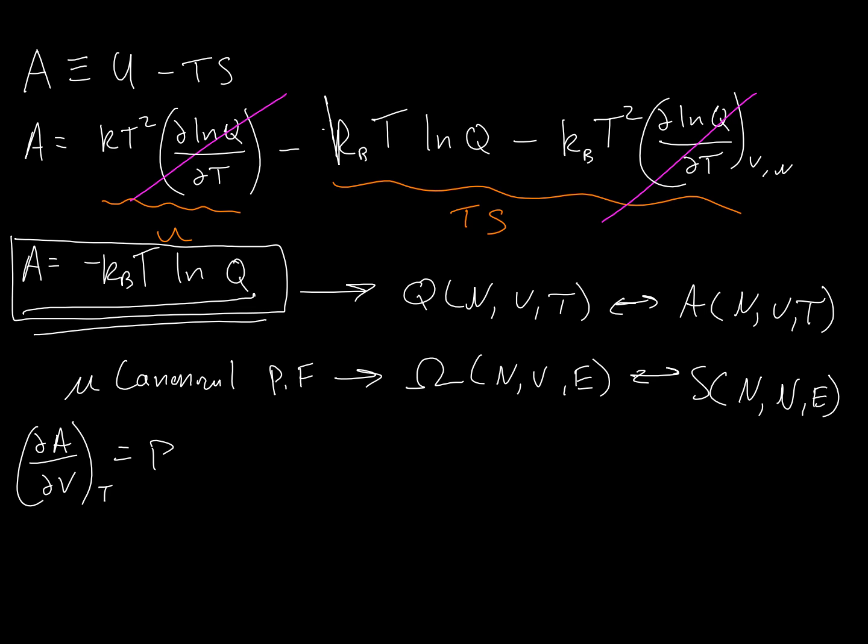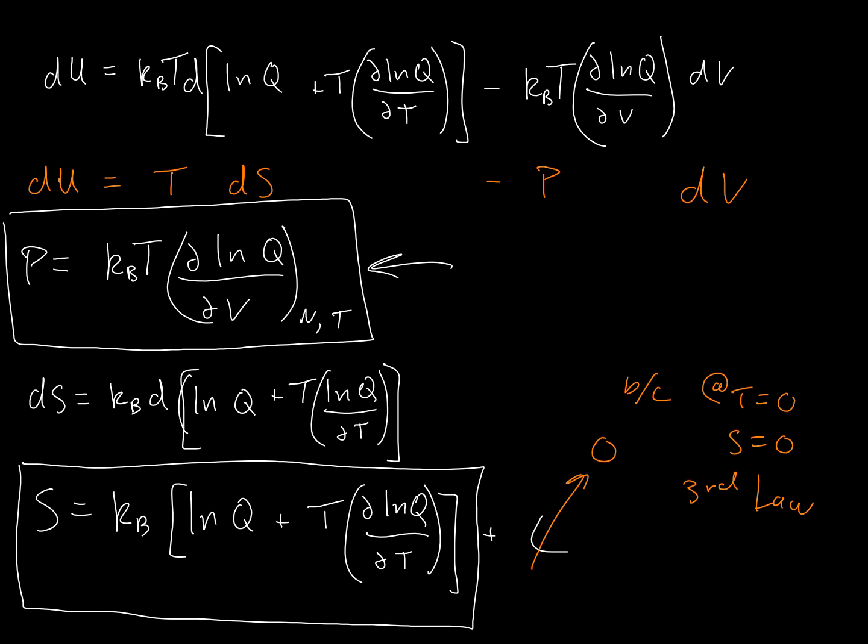Same thing applies if we look at dA dT, the change in Helmholtz with respect to temperature at constant volume. This is equal to minus entropy. Same thing, we go back and take a look. It's exactly what we have. We also have to do the product rule, right? We have the two terms there and there.